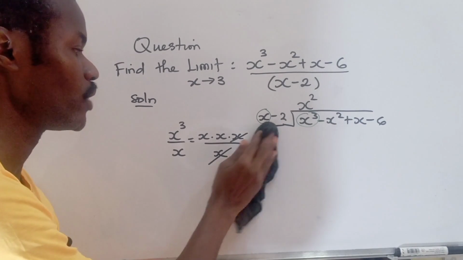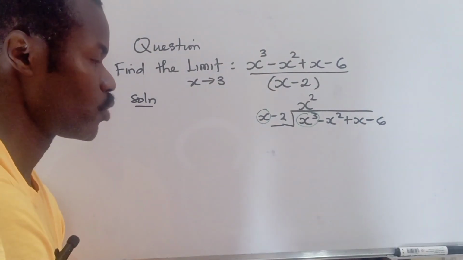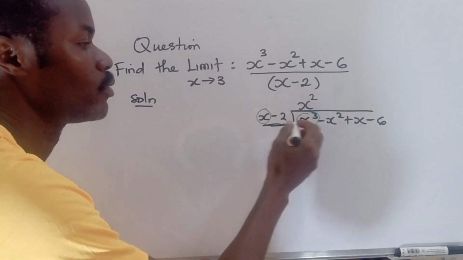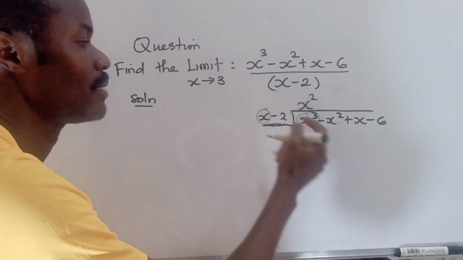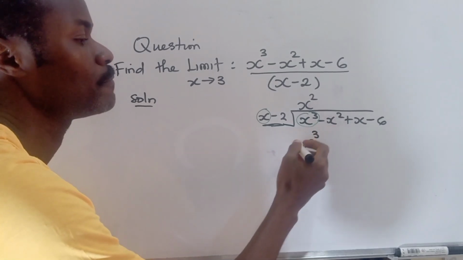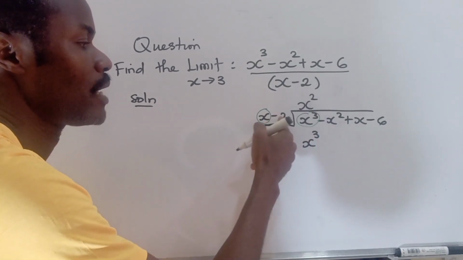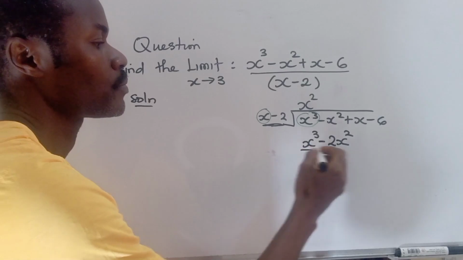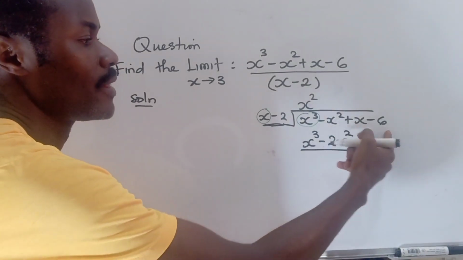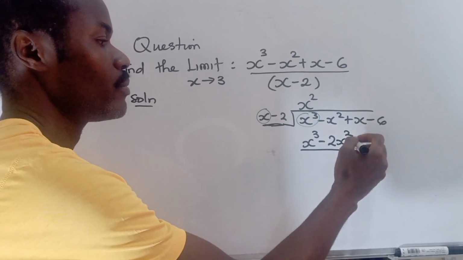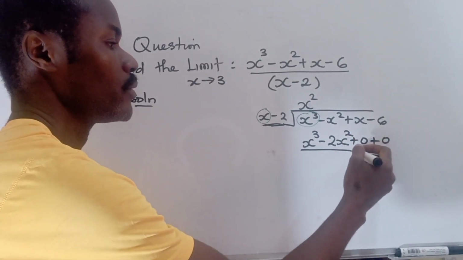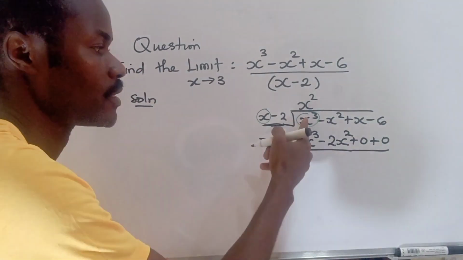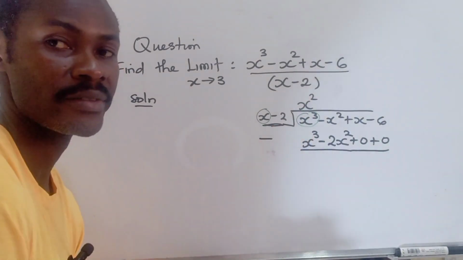Now that we have x squared, we can use x squared to multiply this. If we multiply that, this time this is going to give us x to the power of 3. Then x squared multiplied by minus 2 is going to give us minus 2x squared. Since we don't have anything for these, we can simply have plus 0 and plus 0. Now we're going to subtract. So x to the power of 3 minus x to the power of 3 is 0.